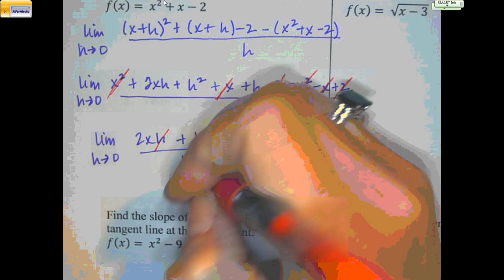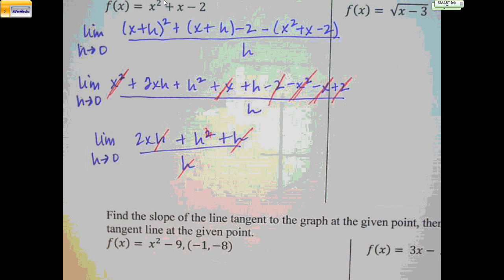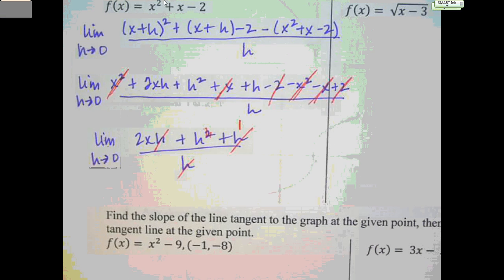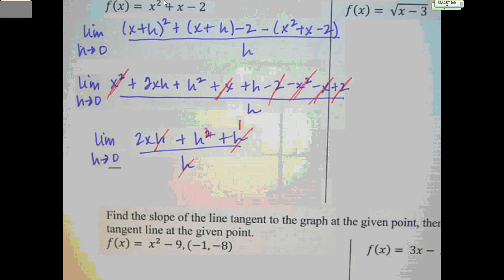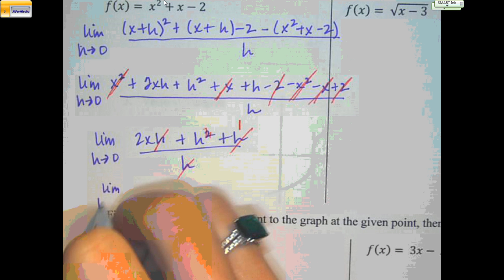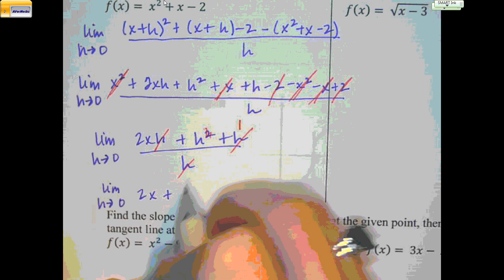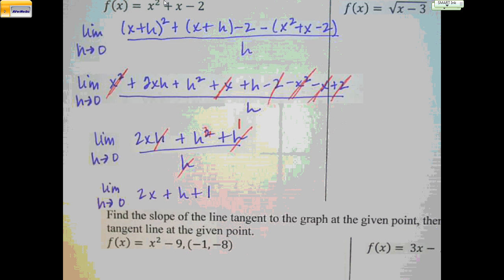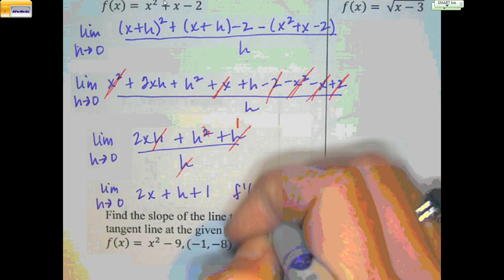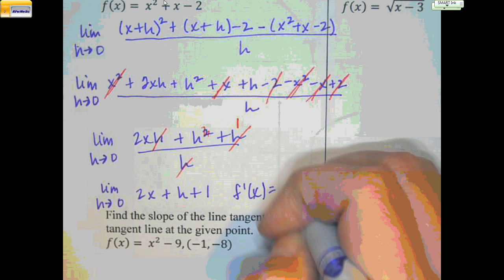So we divide out an h, divide out an h, divide out an h, divide out an h. What did I forget? Thank you, there's a 1. When you are reducing or canceling, you're actually dividing, so there is a 1 there. So what I'm left with is the limit as h approaches 0 of 2x plus h plus 1. Now you can plug in your 0. So f prime of x, or dy over dx, equals 2x plus 1.